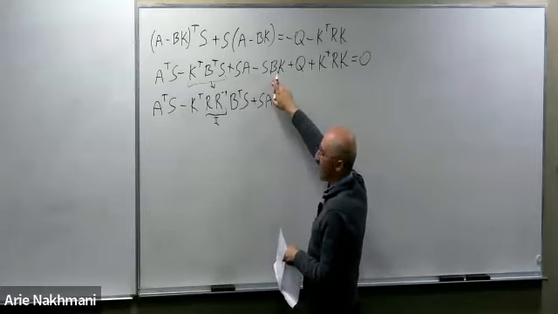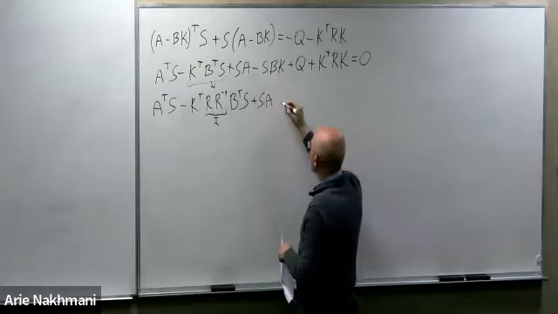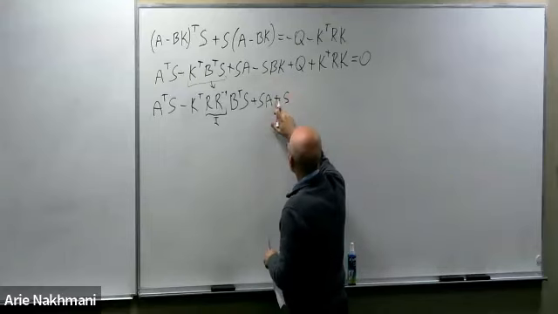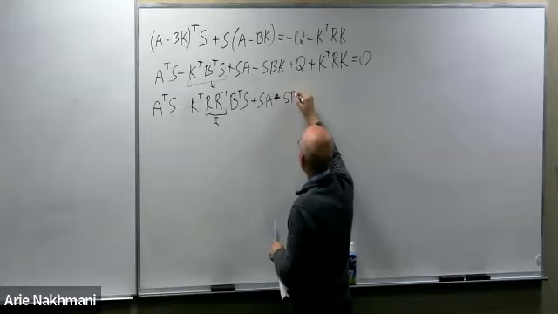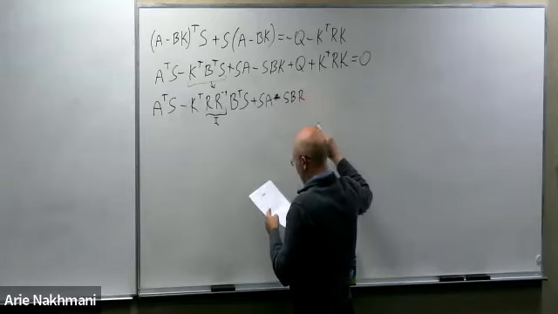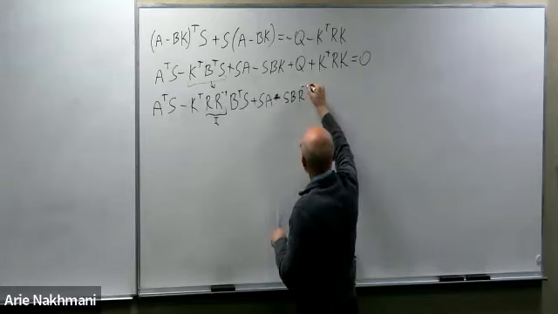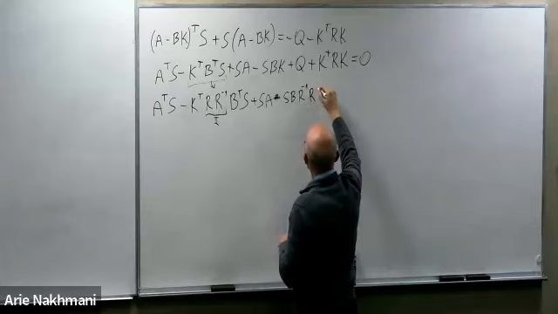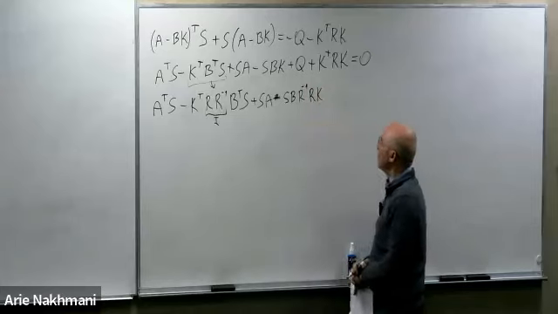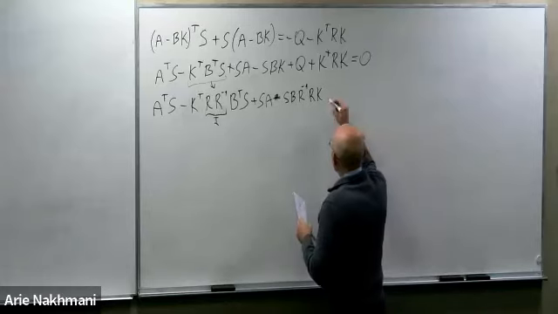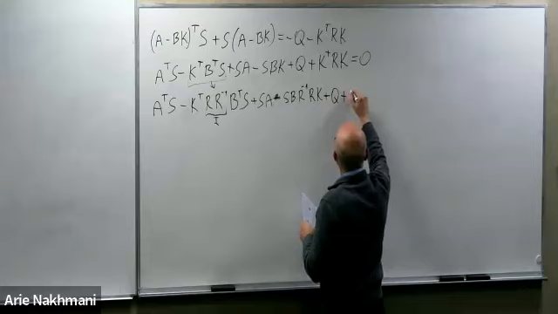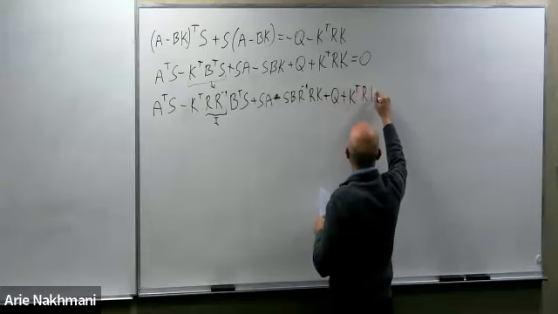Same thing I'm doing with that matrix. It will be plus minus S, B, R, but in that case, it's in opposite order. K. Right? Plus Q plus K transpose RK.